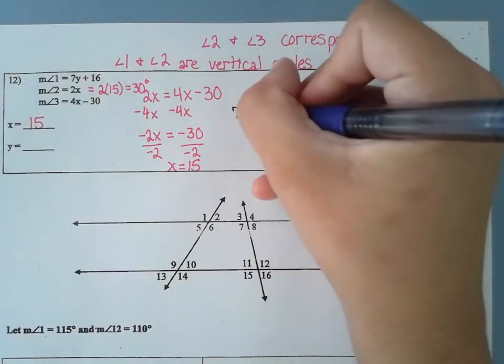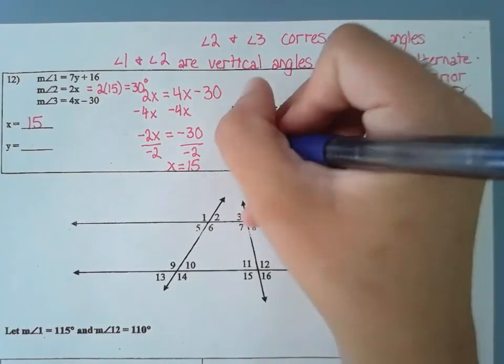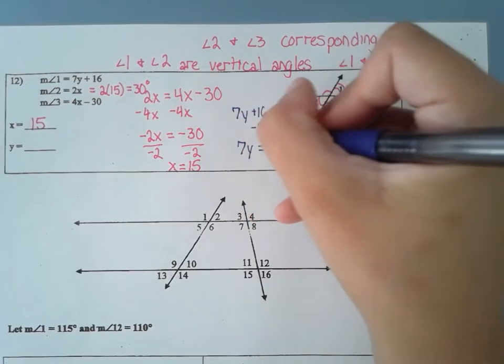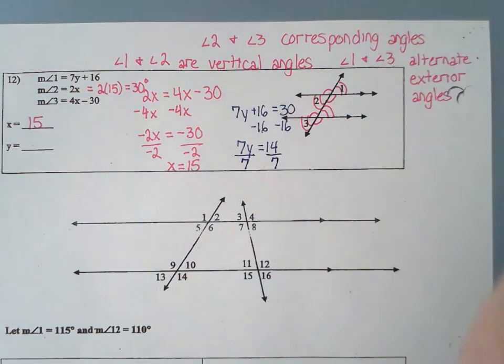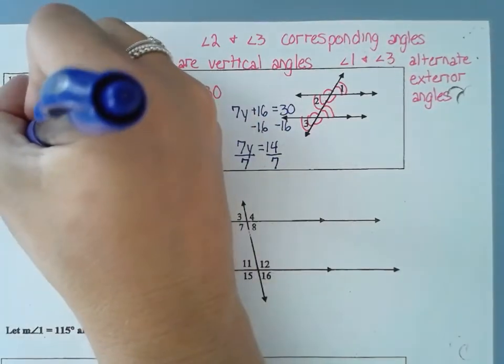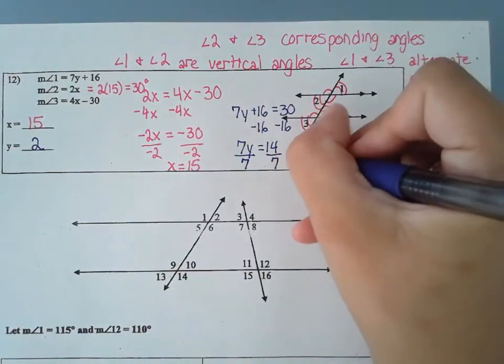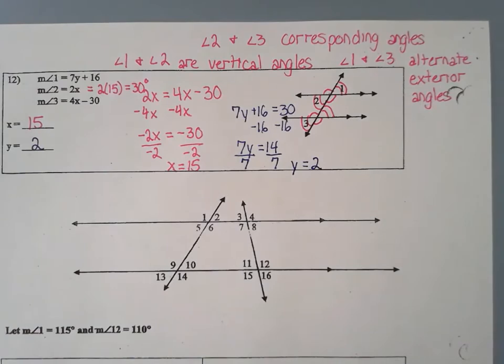I'm going to subtract 16 from each side, so 7y equals 14, and divide each side by 7, which tells us that y equals 2. This is one of the more complicated ones since we had to solve for two different variables, but thankfully everything was congruent.